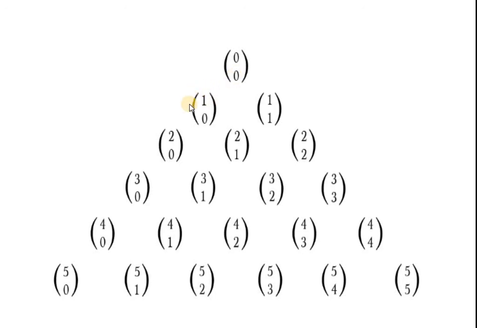This is placed here. 1,0 is equal to 1. Similarly, 1,1 is equal to 1. This is the third row. So for the third row we place here 1. This one is 2,0. 2,0 is equal to 1. This here is 1. So for the last 1 we can write 2,2.